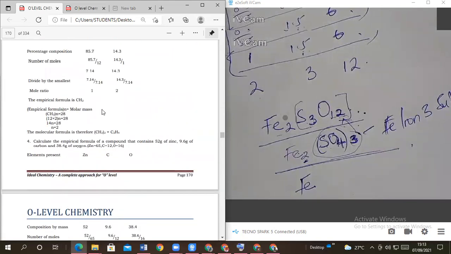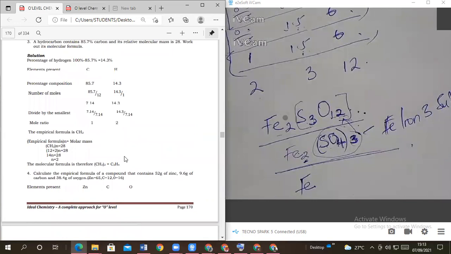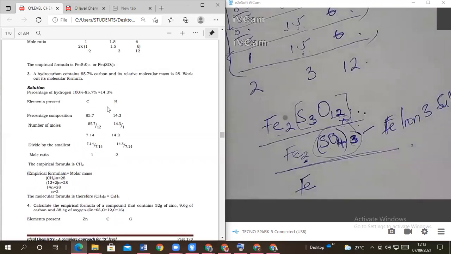So this is what happens here. There is a number here. Check number 4. Do you see number 4? Number 4 says, calculate the empirical formula of the compound that contains 52 grams of zinc, 9.6 grams of carbon, and 38.4 grams of oxygen.